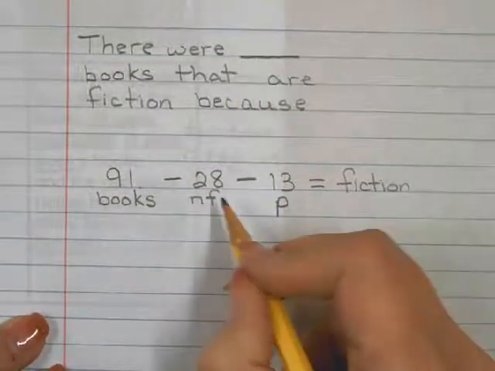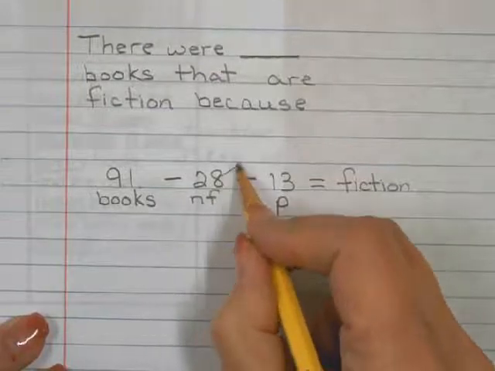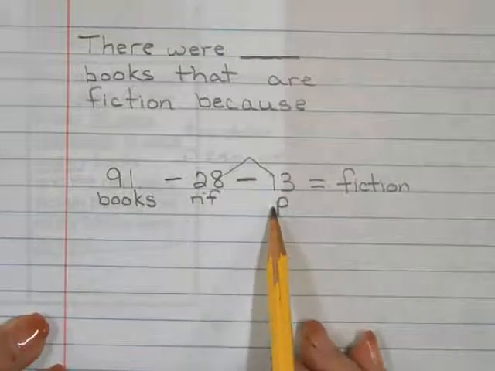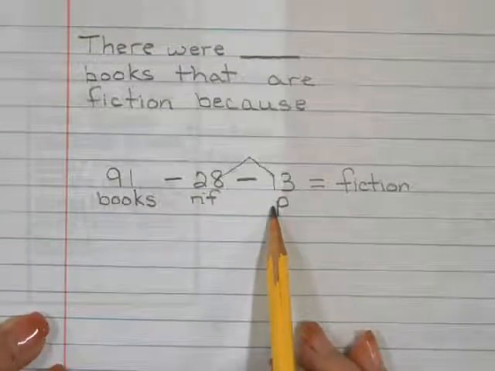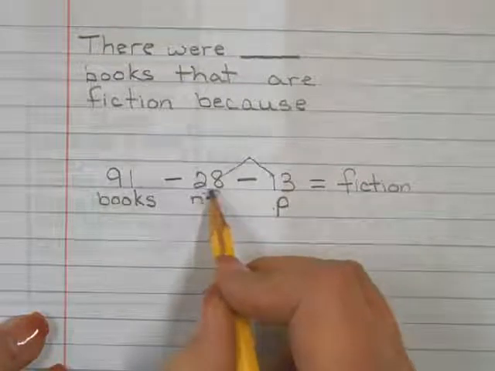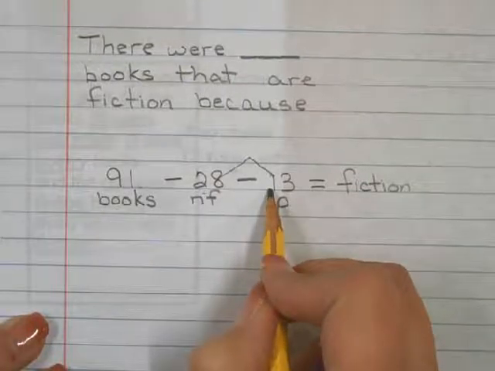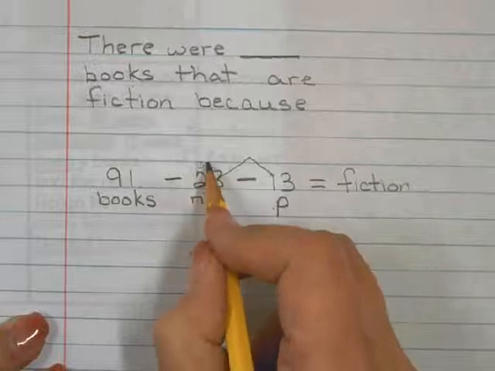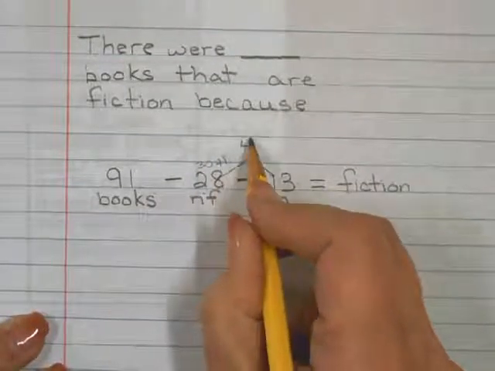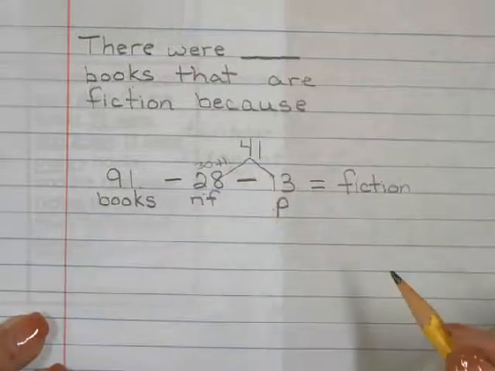Now I need to find how many books there are that are nonfiction and poetry, and combine those together to get that part. 20 and 10 makes 30. And 8 and 3 makes 11. And so now I have 41 books.